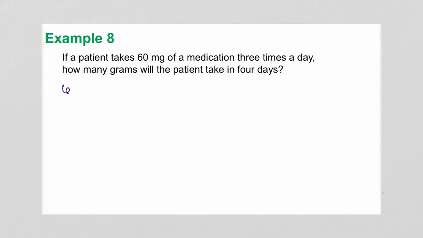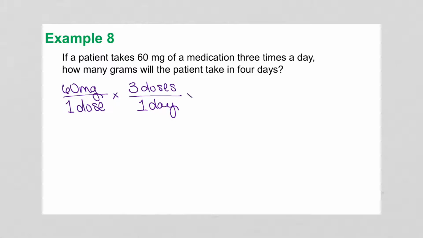So we are told that 60 milligrams is 1 dose. And she's taking, or he, 3 doses in 1 day. 4 days. And so that gets rid of doses and days. And then we need to change milligrams to grams.